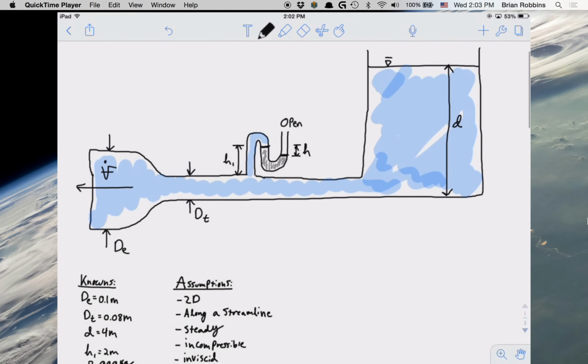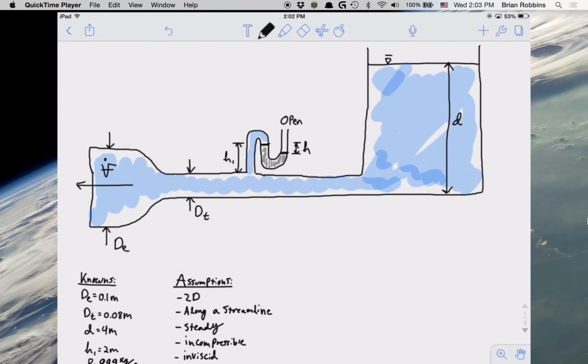Okay. So first off, we have to establish our streamline, the streamline that we're going to follow to help us determine what V dot is. I'm going to say that the initial point over the streamline that we're going to follow is going to be at the surface of the water within our reservoir. Then, let's say we follow a streamline through the tube, perfectly in the center of our pipe, and ends just at the exit of our pipe.